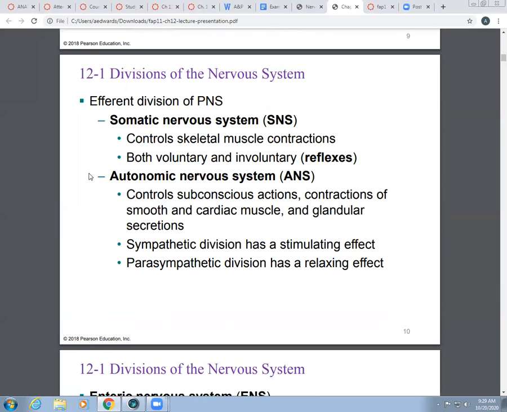Now for the efferent division, you can divide that into the somatic nervous system and autonomic nervous system.